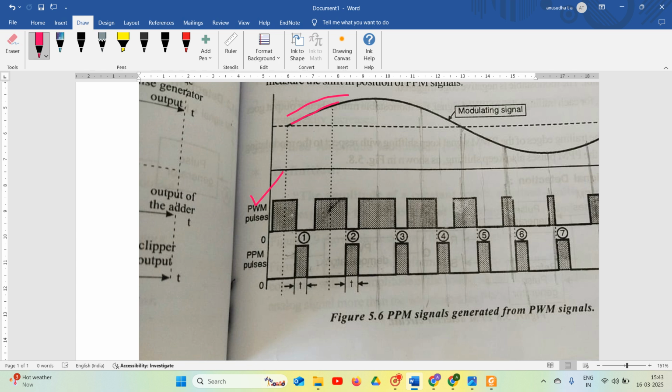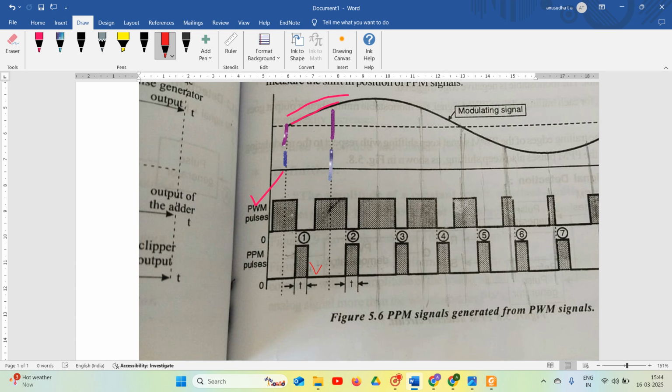Okay, see here, this is my reference line. The vertical dotted line is my reference line. So here, based on this reference line and the amplitude of the modulating signal, my PPM signal shifts its position, right?